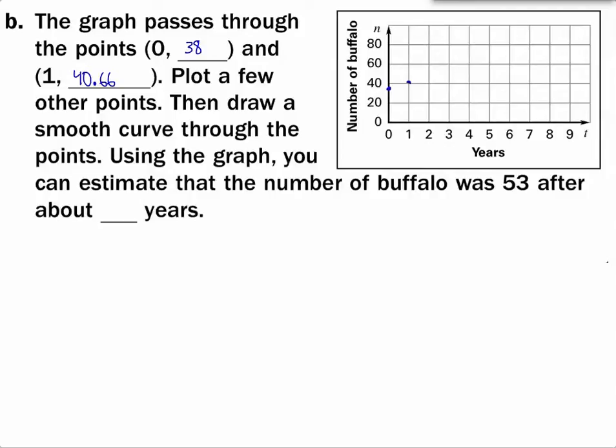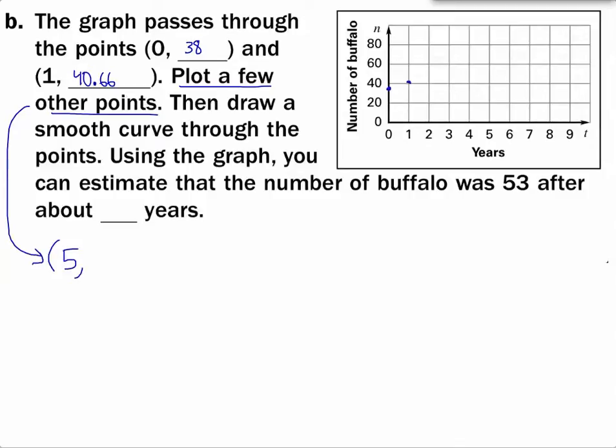And then it says, plot a few other points, which is really unhelpful. So I was thinking, to do that, we should maybe just go ahead and do some numbers that are a little bit farther away.